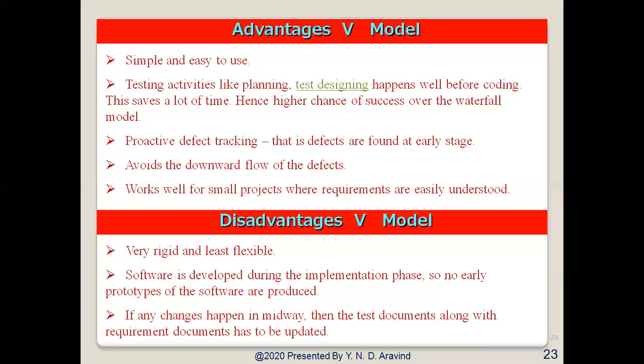The V-shaped model should also be chosen when ample technical resources are available with the needed technical expertise. Higher confidence of customers is required for choosing the V-shaped model approach, since no prototypes are produced here, so there is a very high risk involved in meeting the customer requirements.